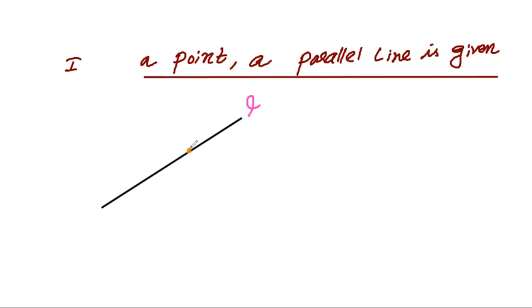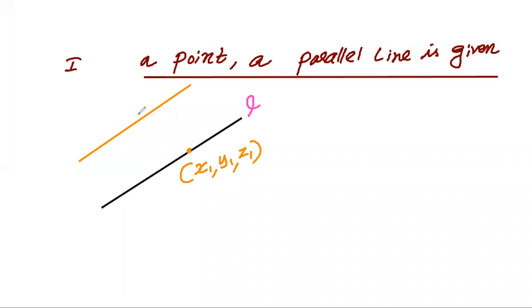You are given one point on that straight line, which is x1, y1, z1. A parallel line is given, which means another line is given that is parallel to this required line.